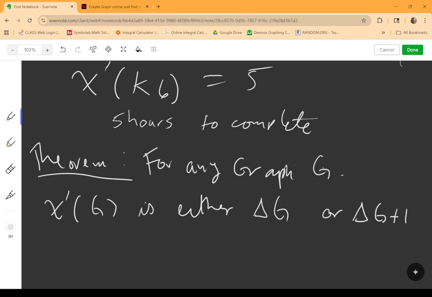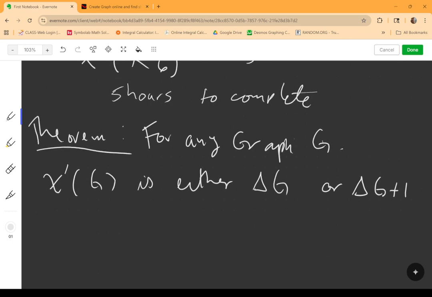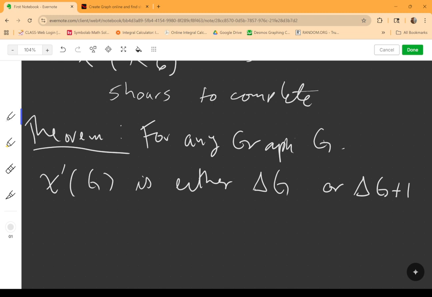All right, so that is pretty straightforward. The real problem is identifying which one it is.